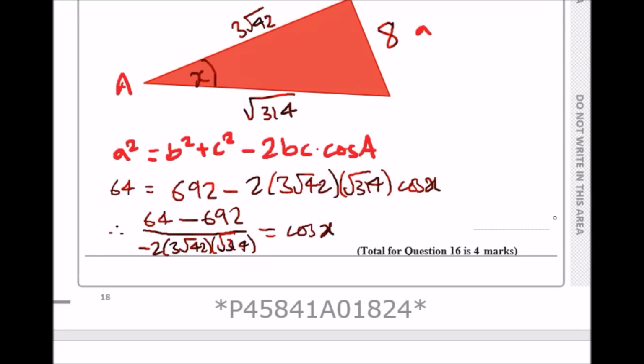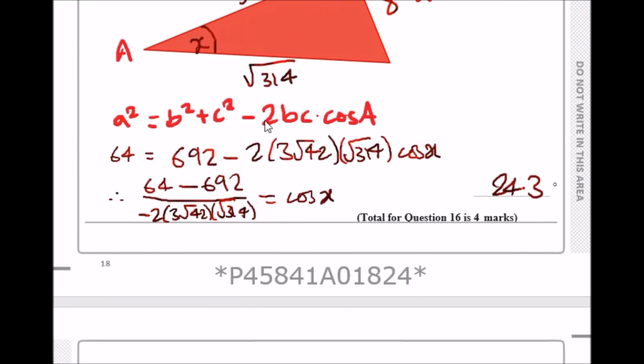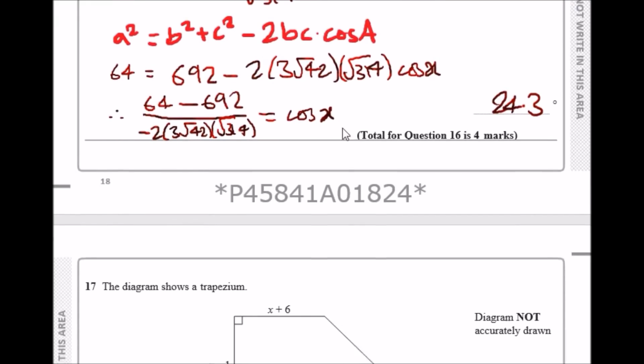If you did this, you should get a value of 0.911, and then cos inverse of that, the angle should be 24.3 degrees. Okay, not bad. Double check, correct me if I'm wrong, but I think you should get a result very close to that.